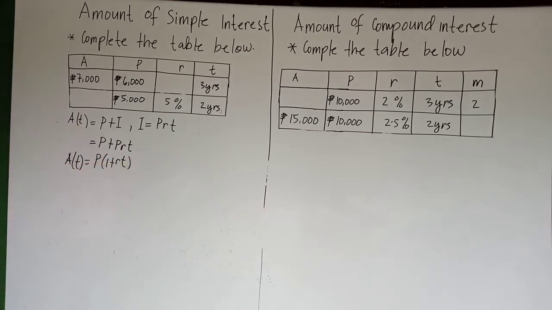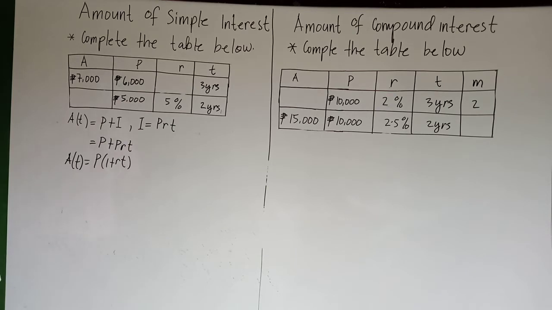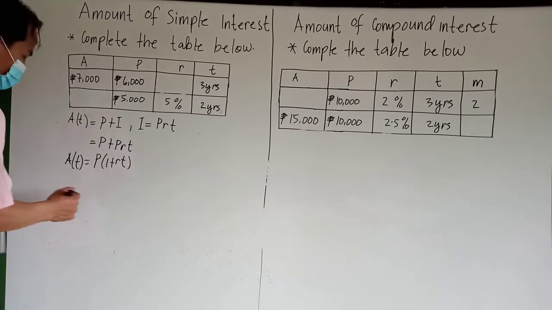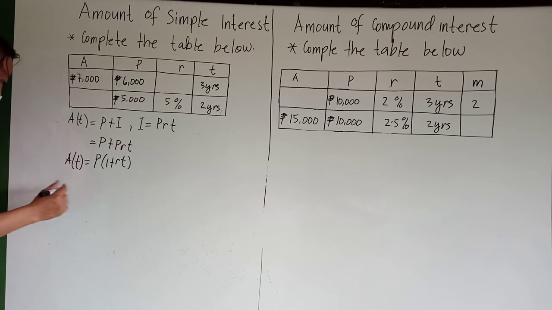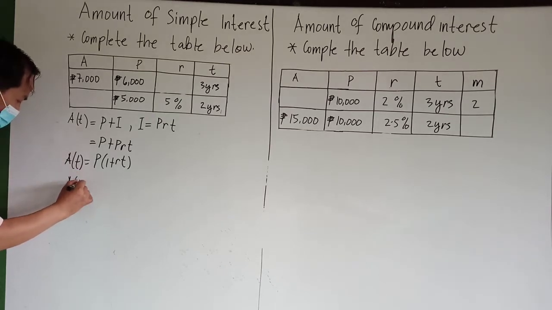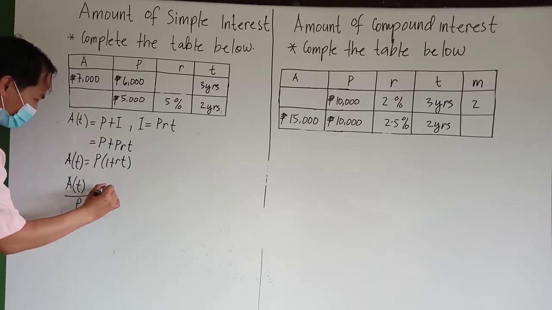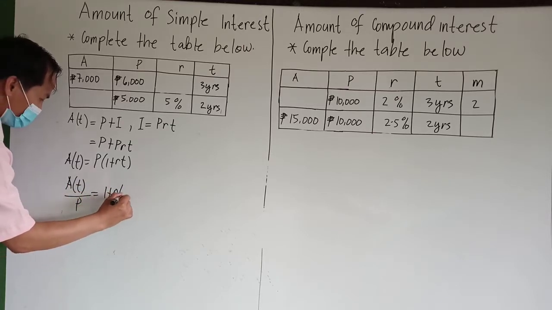Then, because in the first row we are supposed to solve for the rate, we will have to reverse this formula and solve for R. We can divide both sides by the principal so that A(T) over P is equal to 1 plus rate times time.